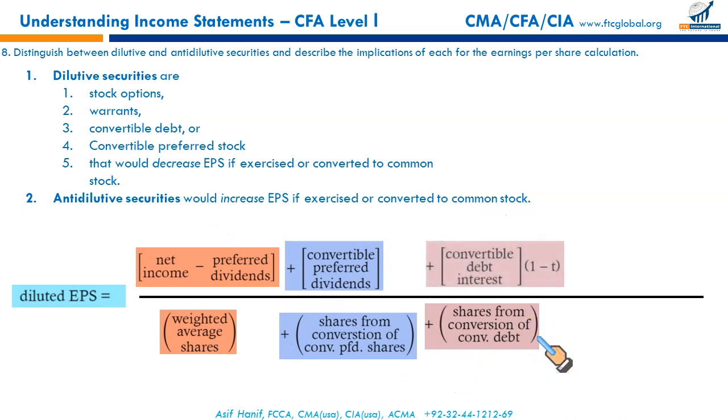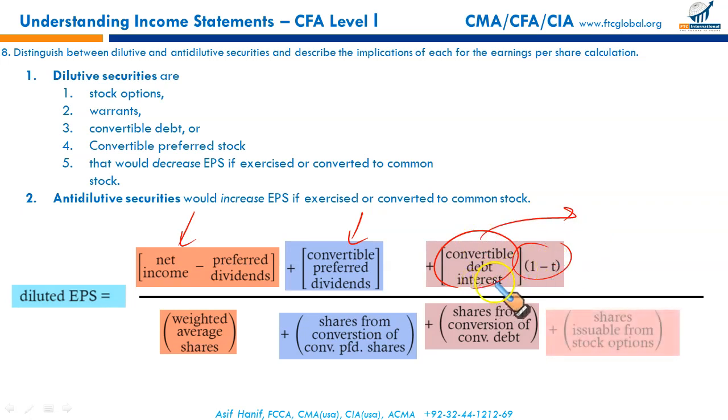And the interest saved: since interest is a pre-tax item, while dividend is a post-tax item and net income is a post-tax item, this interest saved will have to be converted into a post-tax basis by multiplying it by 1 minus tax. Whenever you multiply an item of revenue or income by 1 minus tax rate, that converts the item into a post-tax figure. So post-tax interest saving.